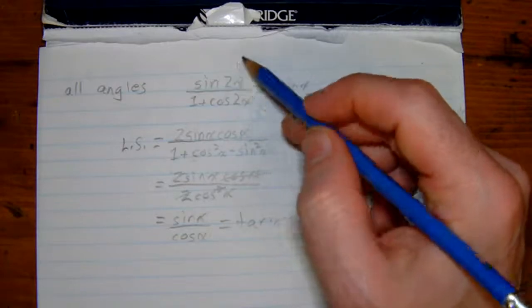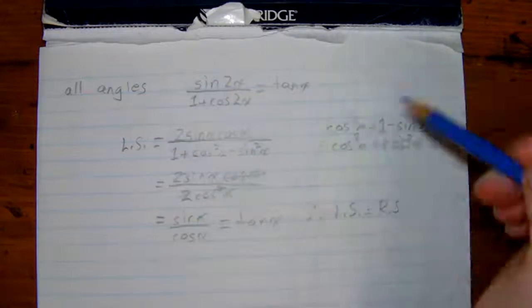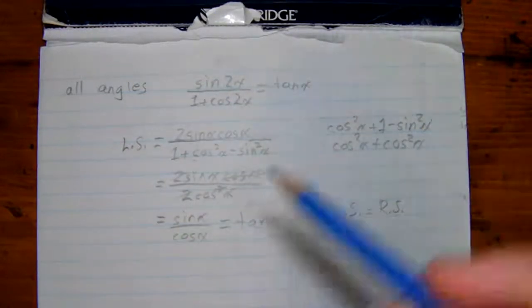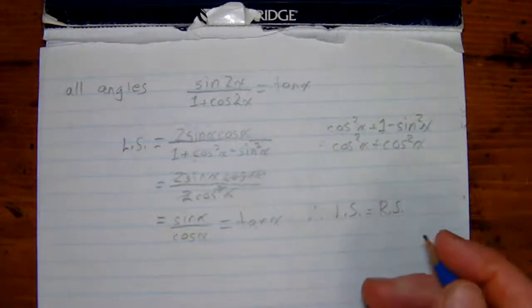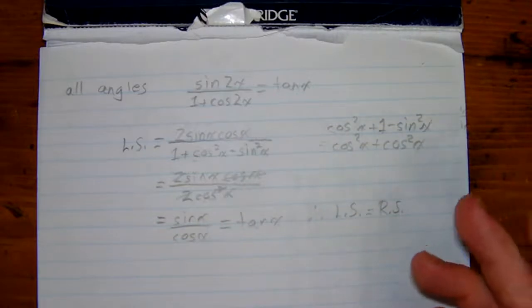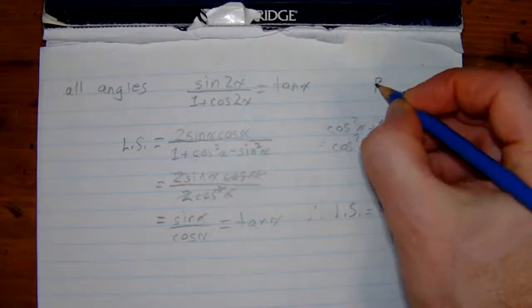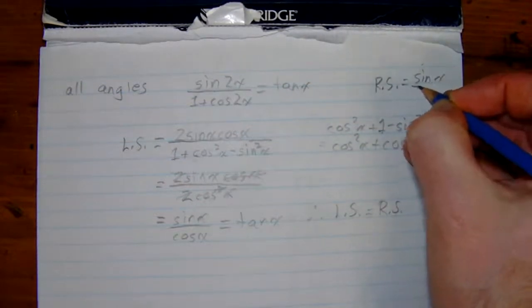So in my opinion, you are welcome to work on the left side in one place, work on the right side in another place, and if you can get them to the same thing, then you know by just going down the left side and then back up the right side step by step, you will find the identity. So Rumaisa, my answer would be that you are welcome to have a little bit of right side equals sine x over cosine x.